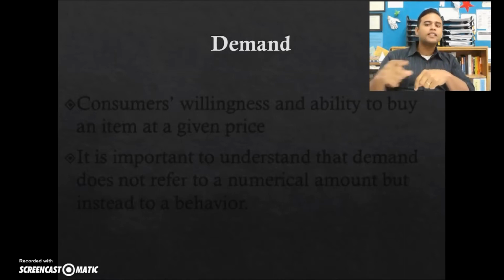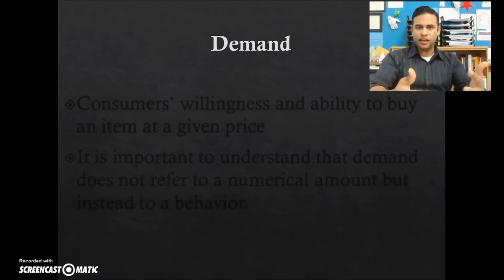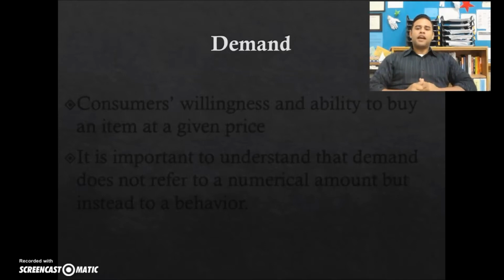What you're not as comfortable doing is saying, I am going to supply the world with this thing. How much of it should I supply, and at what price should I supply it? That is simply not something that most of us are as familiar with, and therefore to supply is a less intuitive concept.